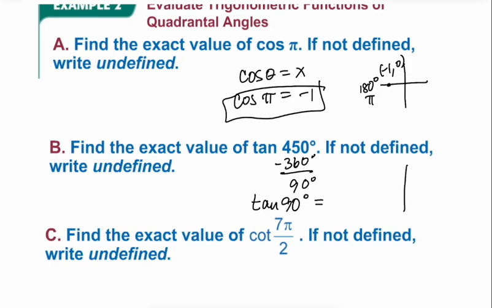Well, the point at 90 degrees is the point 0, 1. The tangent is y over x at that location. That's something you have to have memorized, that the tangent is y over x at that location. So the y value is 1 and the x value is 0.